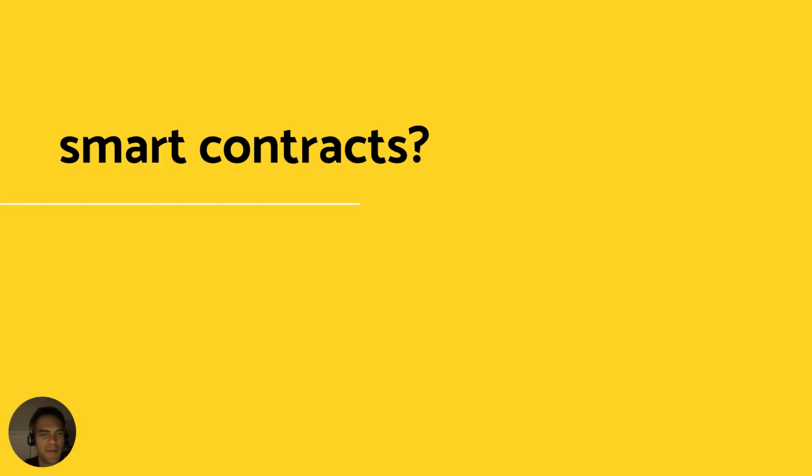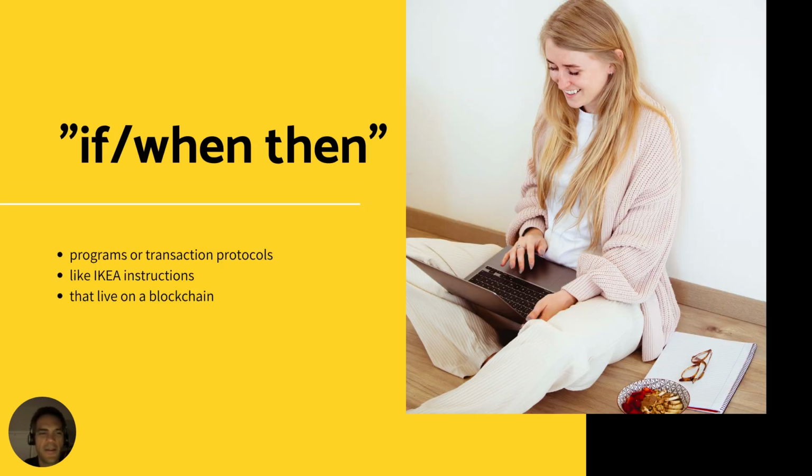Smart contracts. What are these things? Who cares, right? Why do you care? I'll tell you. So real quick, just to put it bluntly, smart contracts are simply these little instructions that govern some form of an interaction that live on a blockchain, right? And what does that mean?